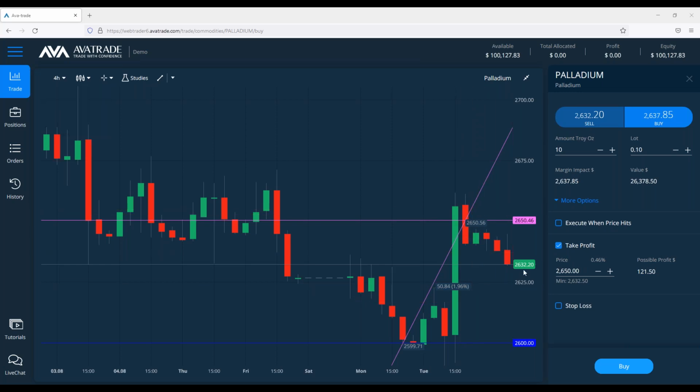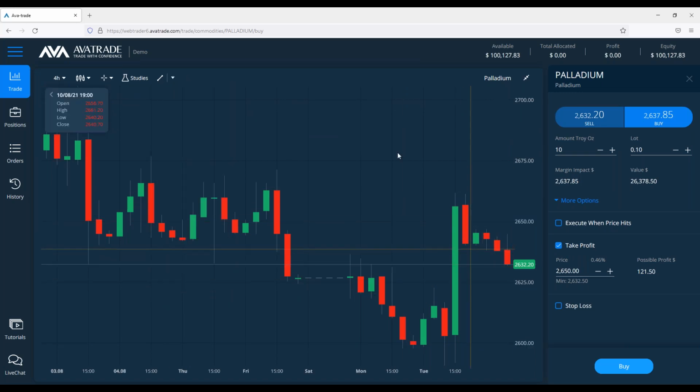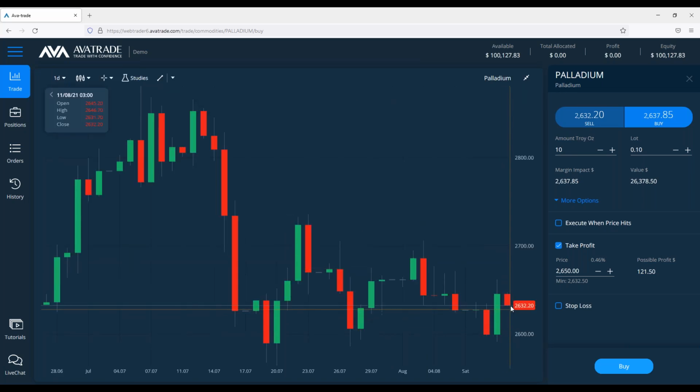Okay, so the price now, as we see, is definitely not 2.6. It's actually 26.32. So if we still want to make $500, and let's suppose we think palladium is going to keep going down, just for the sake of the discussion, let's suppose it will go to here.